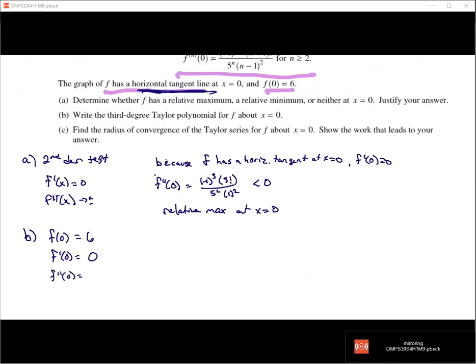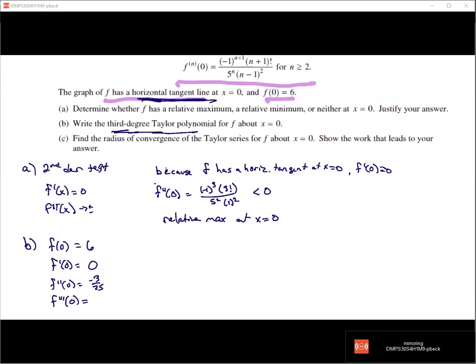If we continued the work that we had there, f double prime of 0 ends up being -3 over 25, if I'm calculating it right. And now, how far do I need to go? I need a third degree Taylor polynomial, so what is our third derivative at 0? Our third derivative at 0 is going to be a positive, and that's because we have -1 to the 4th power.